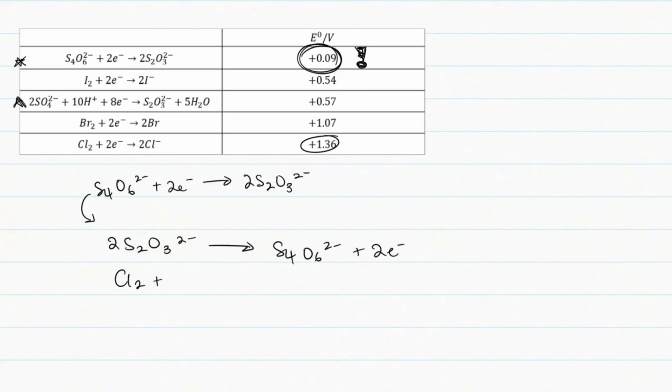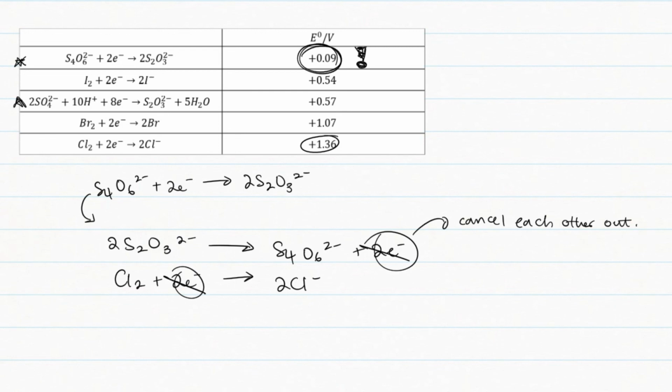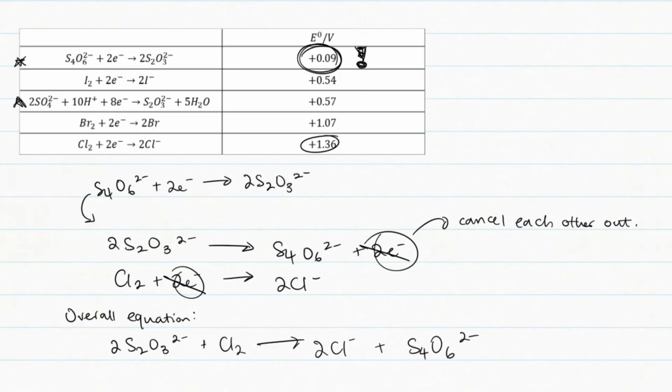This equation should be written in reverse because the electrode potentials are generally written in terms of reduction, but S2O3 2- will be oxidized by the halogen. So the overall reaction should look something like this: 2S2O3 2- plus a chlorine molecule will give you 2 chloride ions and S4O6 2-.